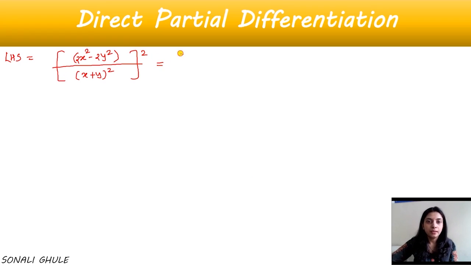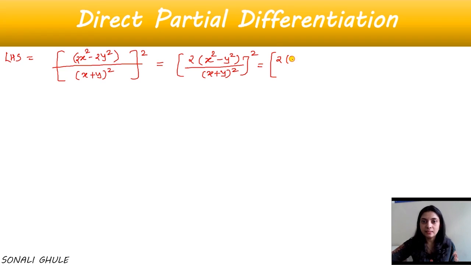Now here, if I take 2 common, I'll get x square minus y square upon x plus y whole square bracket square, right? Now see here, I can use the result a square minus b square. What is the result? A minus b into a plus b.